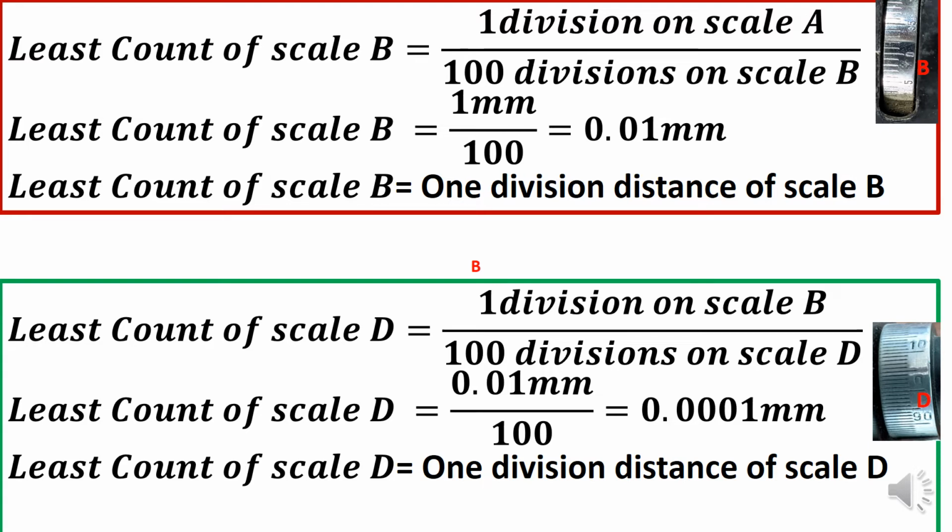So the answer is 0.0001 mm. Three zeros are there, and then one, that is the least count. So the least count of this scale D is one division distance of the scale D. That is the meaning of least count.